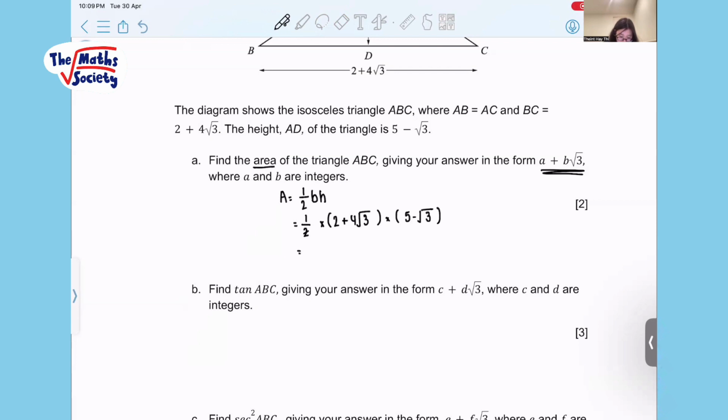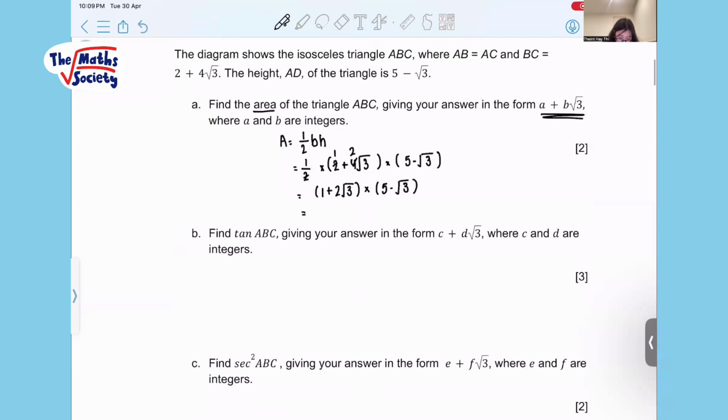So let's try to solve this one first. You get 1 plus 2 root 3, not plus, multiply 5 minus root 3. Let's solve this out, which you'll get 5 minus root 3 plus 10 root 3 minus 2, and then 3 root 3 is just 3.